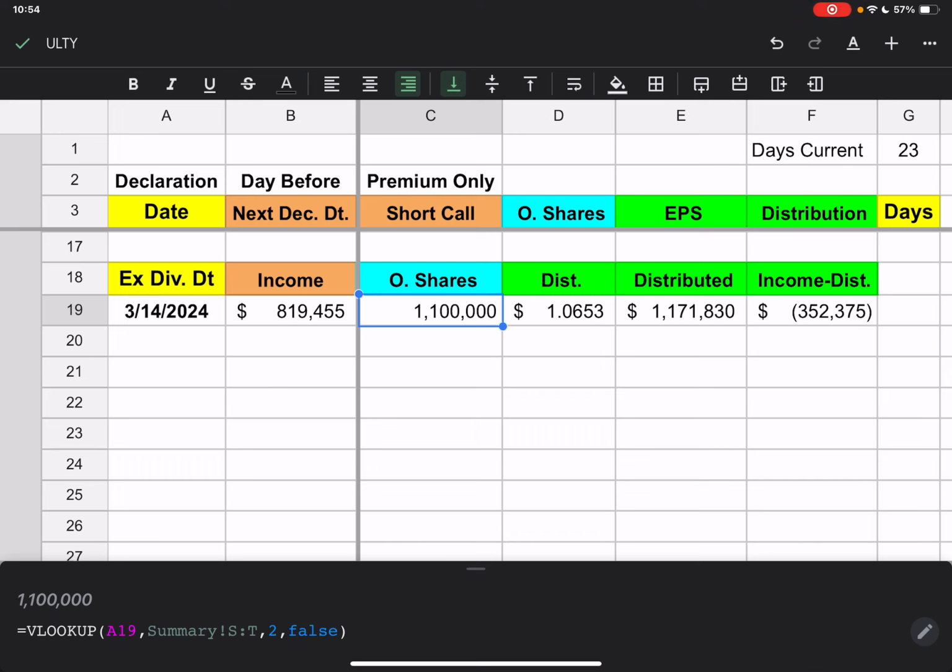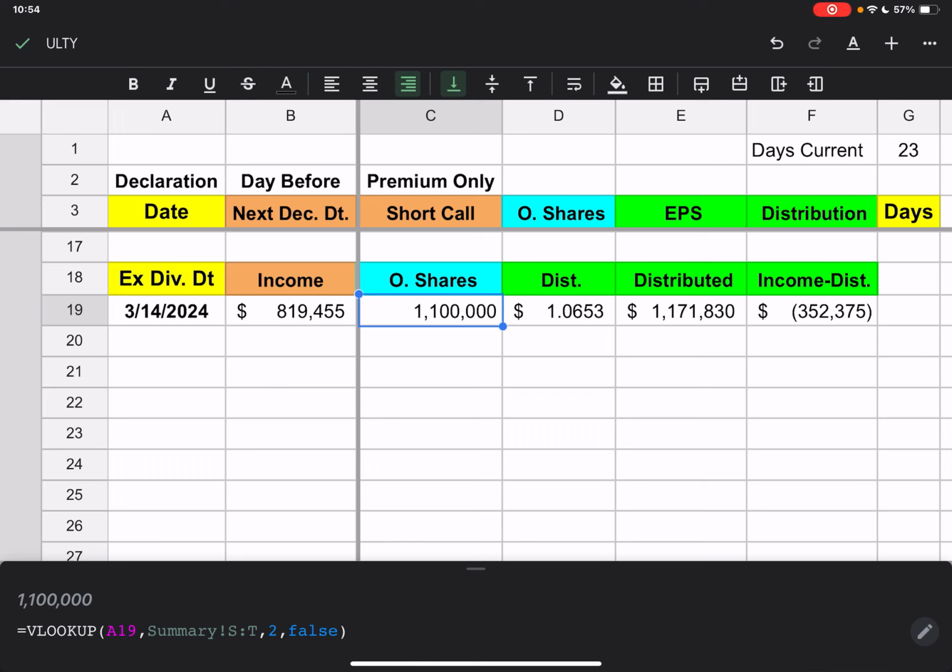it's weird, and some of you may have heard me talk about it before, but when they do their holdings, at the end of the day, close of business, it's dated the next day already. So in this case, our ex-dividend was the 14th, and so this outstanding shares is looking up the ex-dividend date.